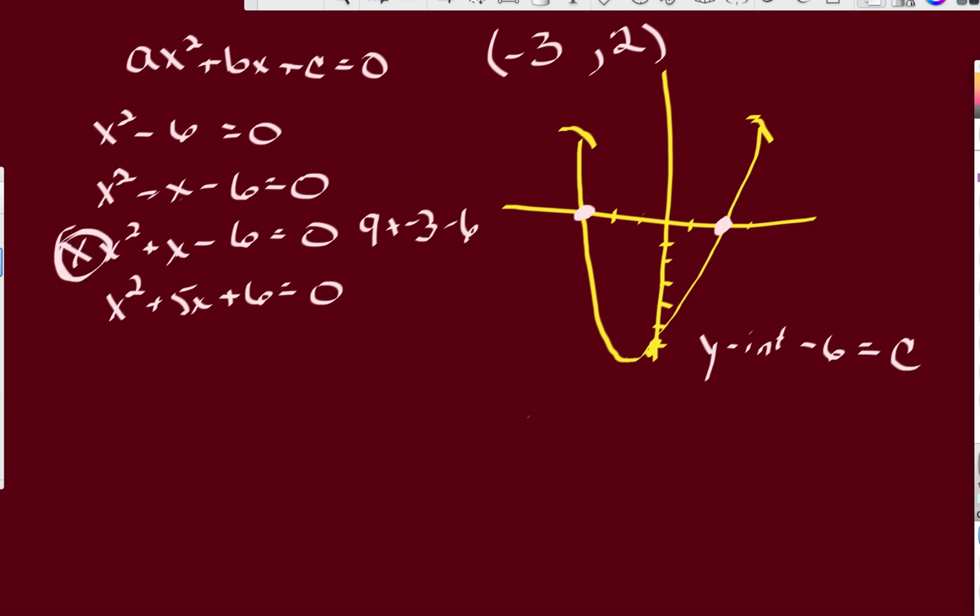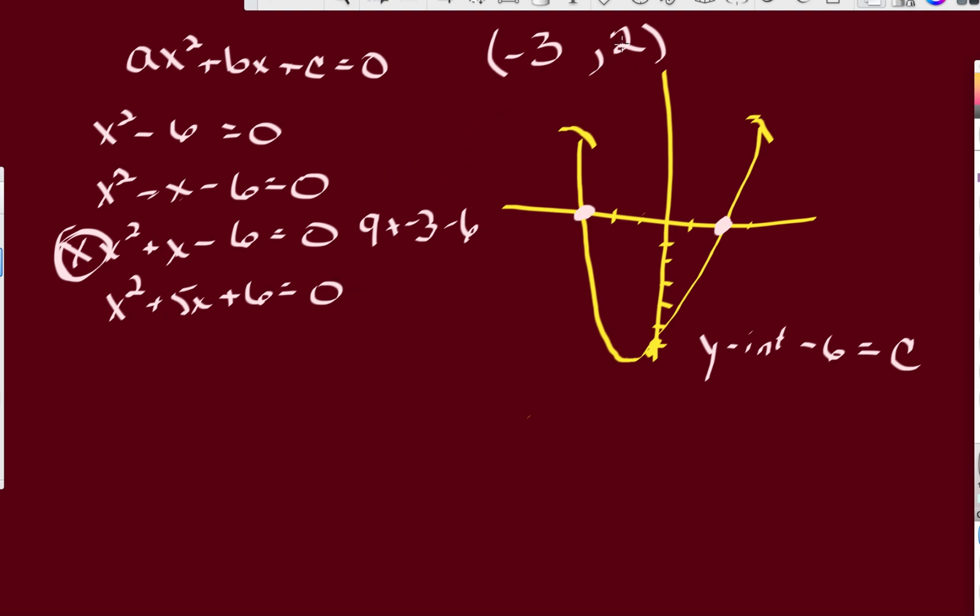I would choose that one right there. Just in case, you can try the -3 here. It's 9 minus 15 plus 6 equals 0. Okay, well that works, right? So 9 plus 6 is 15, minus 15 equals 0.